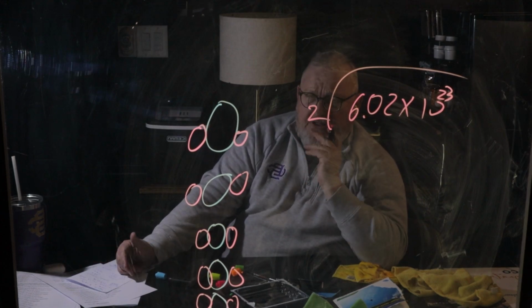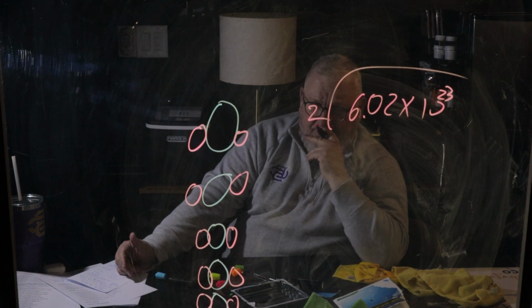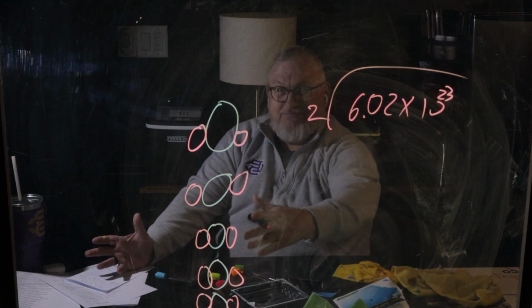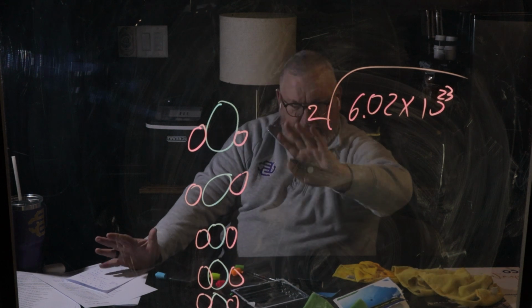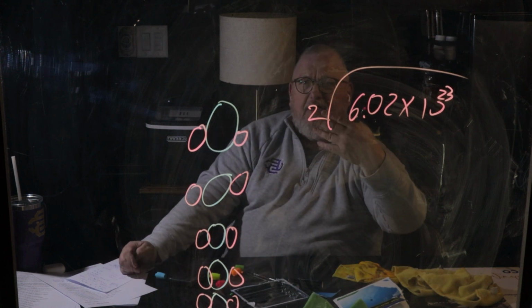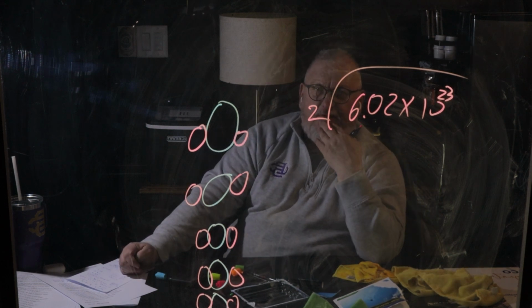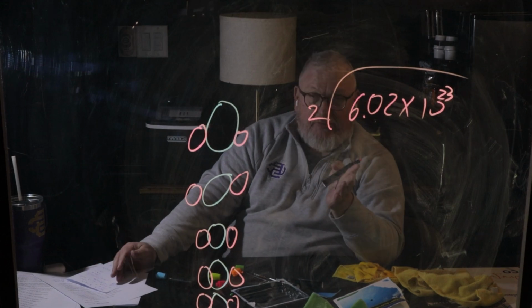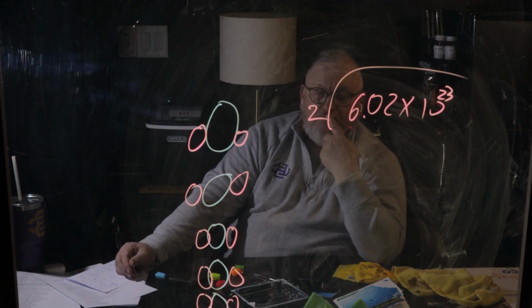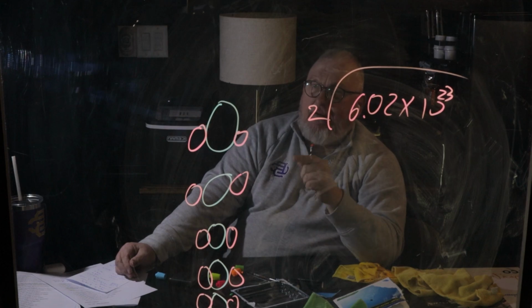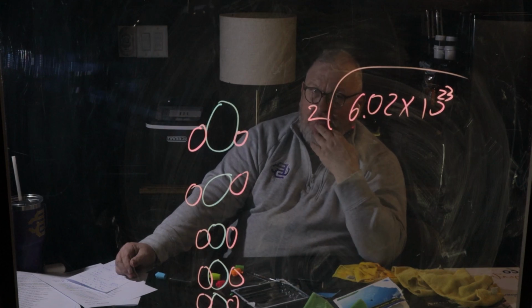So how many oxygen atoms would I have if I had half a mole of molecules? I would have half a mole of oxygen atoms, like I did with a half dozen. How many hydrogen atoms would I have?